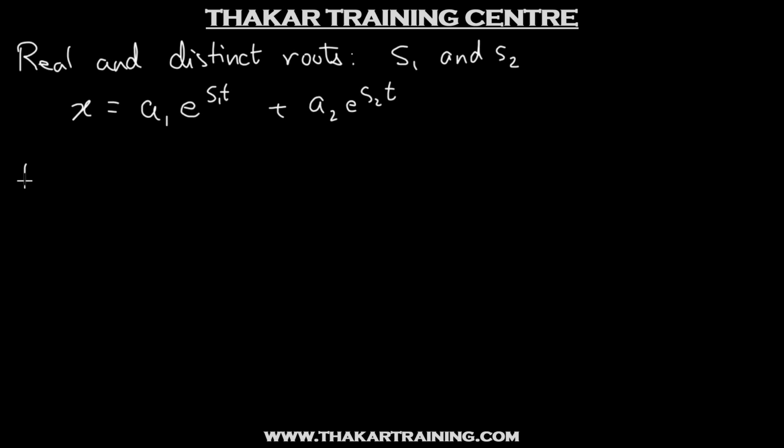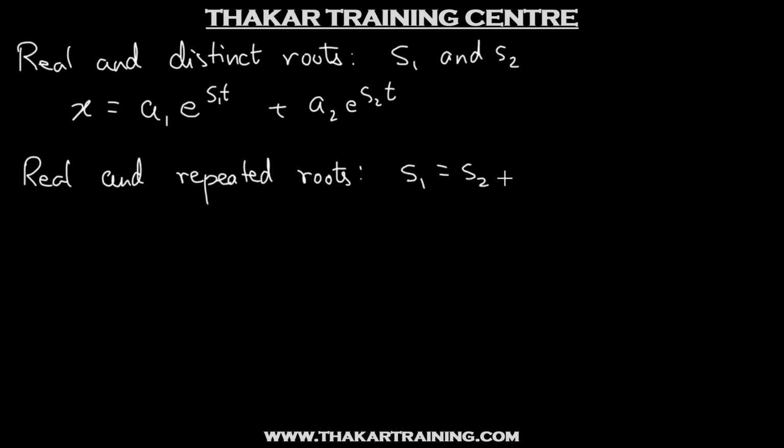Now if the roots are real and repeated, so s1 is equal to s2, say equal to s, then the solution is of the form (a1 plus a2 t) e raised to s t.